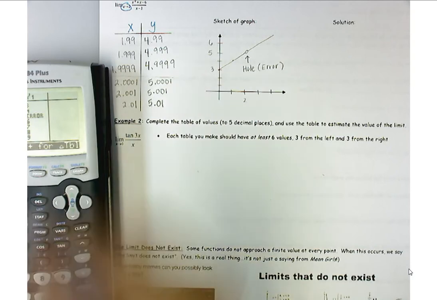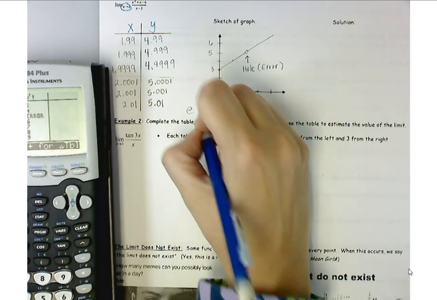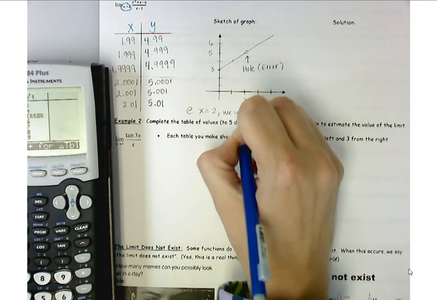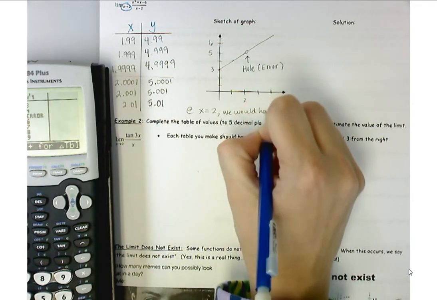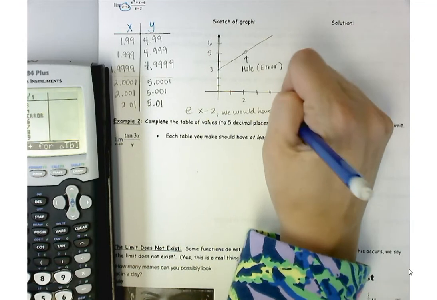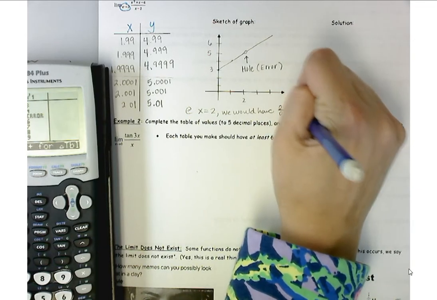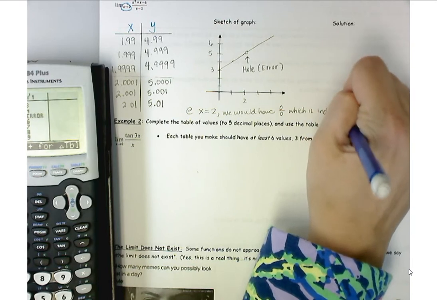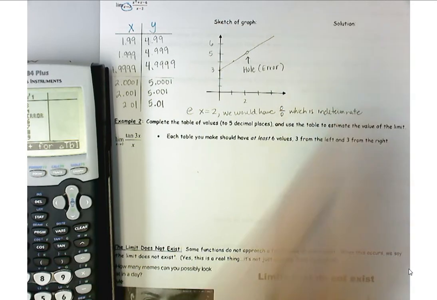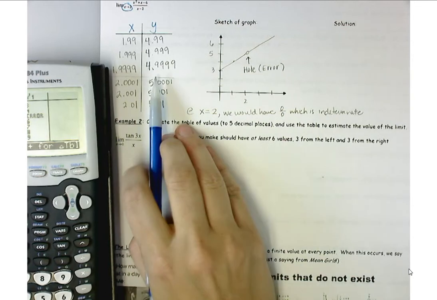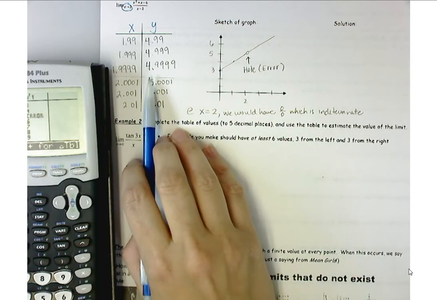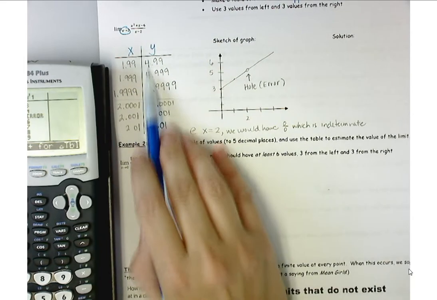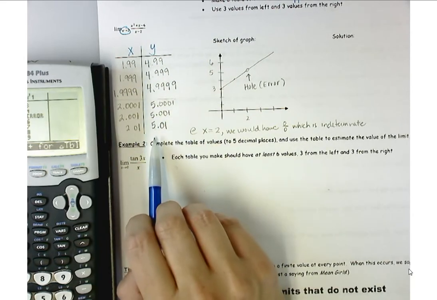Okay, so at x equals 2, we would have 0 over 0, which is indeterminate. Okay, and again, the way that you're finding these, when you plug in this value, you do have the 4s and the 5s.